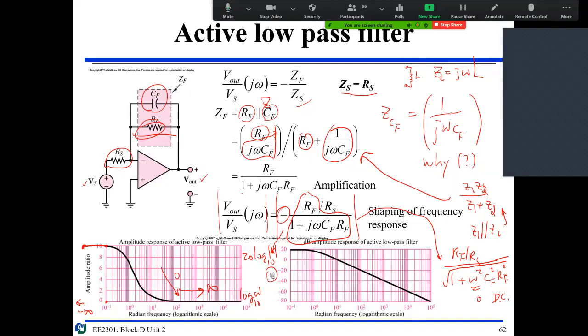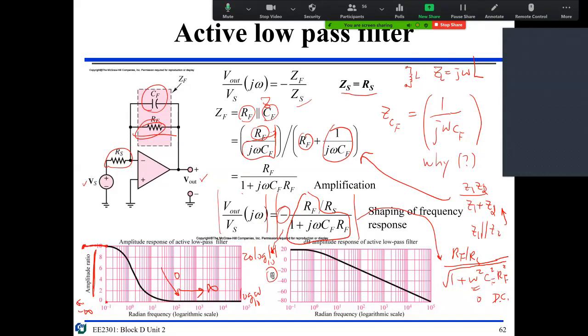The x-axis is log 10 omega, so this is a log scale on the x-axis, but the y-axis here is just the amplitude ratio. Okay, we are not using dB here, so it's something like this.